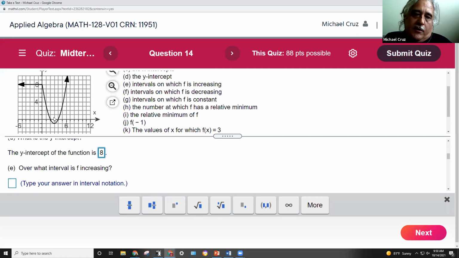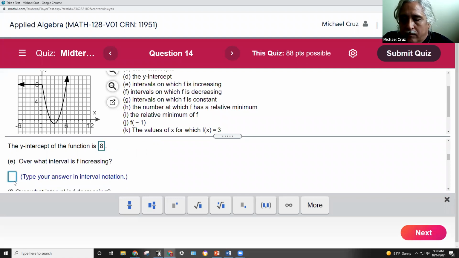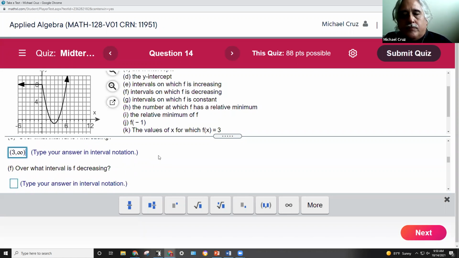Over what interval is it increasing? It's increasing from right here at the vertex. That's x equal to 1, 2, 3. And then it's going to infinity, just going to keep on going up forever.